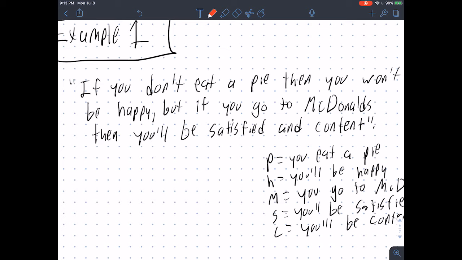First, I'm just going to look at the sentence really close. One of the things you have to be on the lookout for when translating longer sentences is grouping. So it's a good idea to figure out what the sentence as a whole is first. One of the clues in English that we have a distinct set of groups is a comma. We have this comma right here, followed by a but.